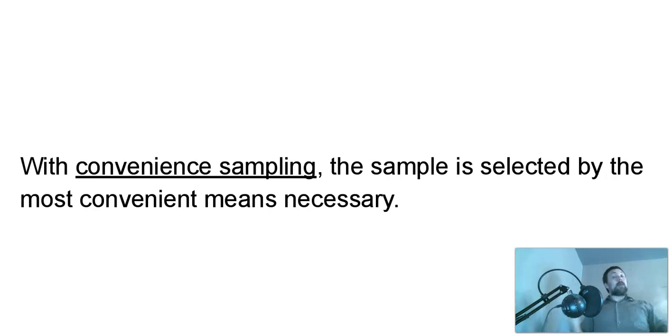The proper way to do that would be to get a list of all the students at Dodge City Community College and find some method of randomly selecting from that list and then track those students down, get them to respond. Be a lot of work, right? What would be more convenient for me is just to ask the students in my classroom, right? So you're already in my classroom, you're right there. I could just ask you, how do you guys feel about the tuition increase? And write down your results.